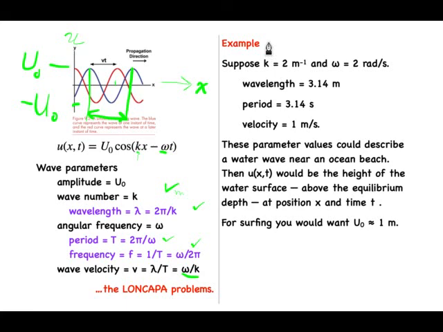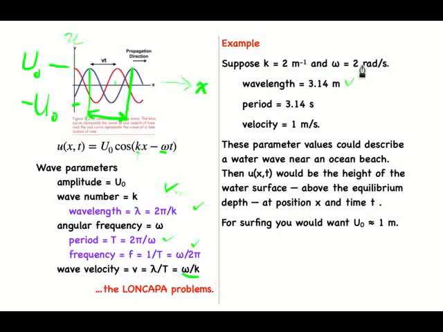Let's consider an example. Suppose k is 2 inverse meters, and suppose omega is 2 radians per second. Then what's the wavelength? Well, the wavelength is 2 pi over k. The 2's cancel, it's pi meters, 3.14 meters.